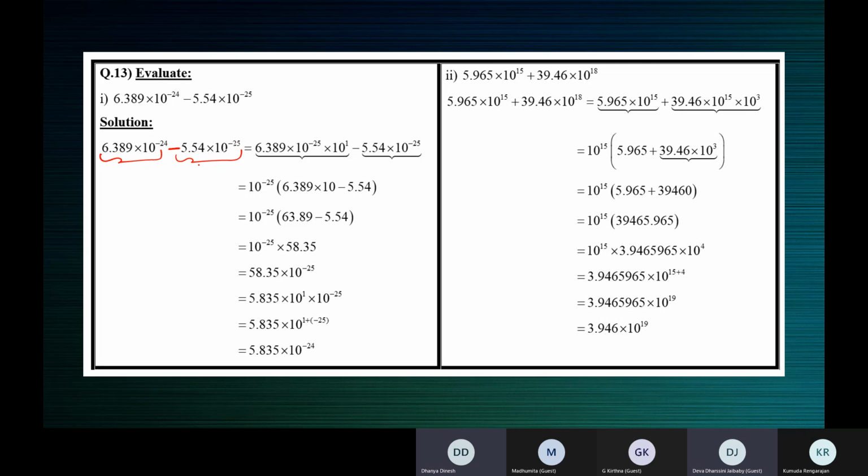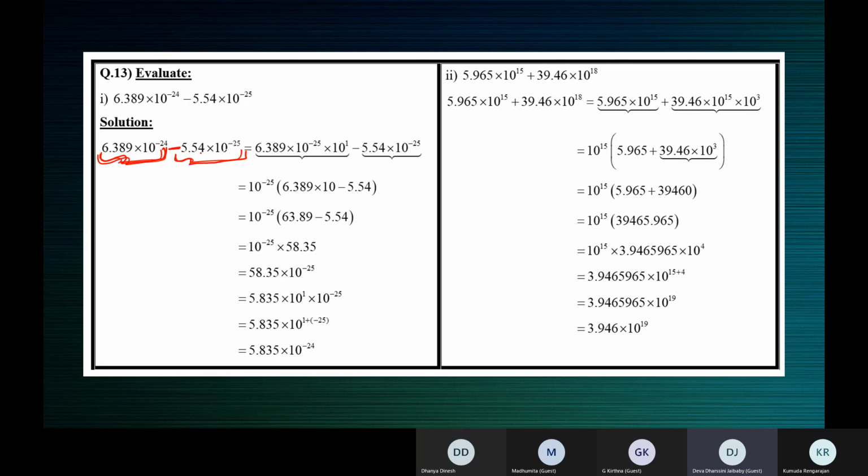There is a scientific notation here. It need not be scientific always, but here there's a scientific notation: 6.389 into 10 to the power minus 24. Here also there's a scientific notation: 5.54 into 10 to the power minus 25. And these two are connected by the minus sign. Correct?